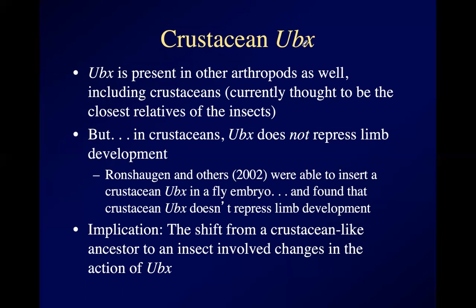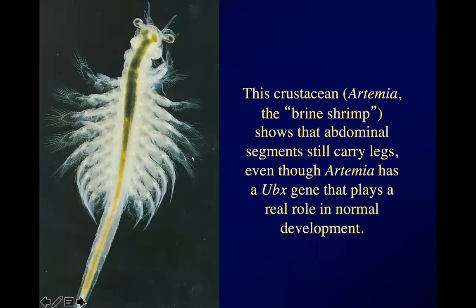So what's happened is that UBX has changed between crustacean and insect. In crustaceans, UBX doesn't block limbs on the abdomen. In insects, UBX does block limb development.